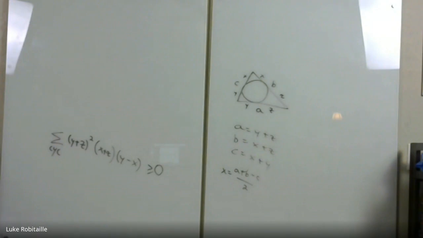So let's just quickly ask Wolfram Alpha: (y plus z) squared times (x plus z) times (y minus x), plus (x plus z) squared times (x plus y) times (z minus y), plus (x plus y) squared times (y plus z) times (x plus z). Okay, expand that.